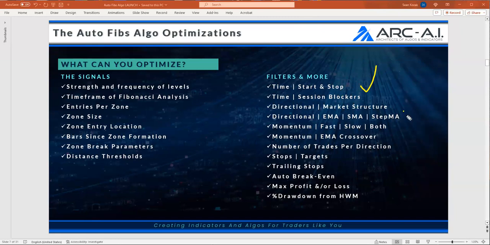We've added more filtering for trends, average filtering, and momentum crossovers filtering. I saw somebody post in the Discord the other day, did we update the engine for the momentum triggers and being able to get into the momentum a lot sooner? All of that was put into the launch of this software, done on purpose, because we wanted to use it with the fibs for the release of this so that we could give everybody an advantage.